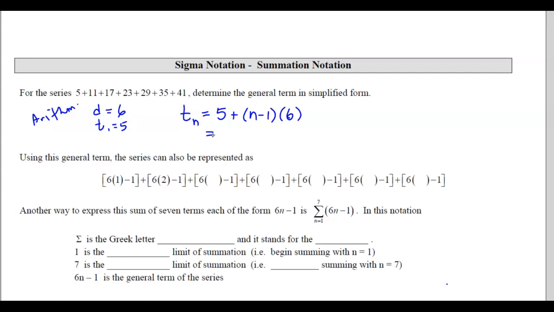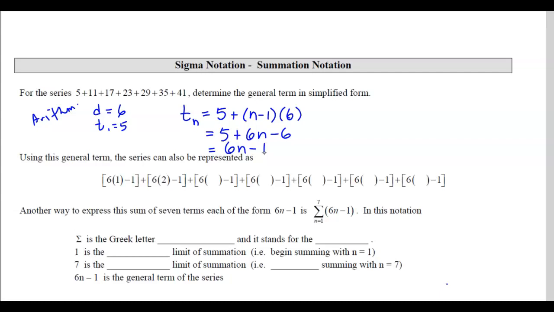So expand the brackets and collect like terms. You get 6n minus 1.